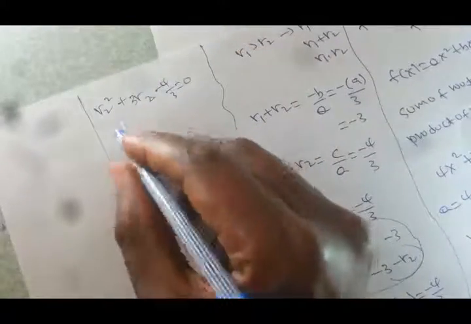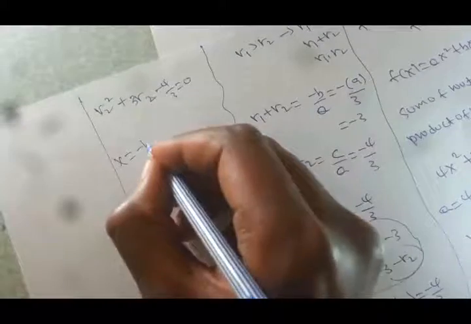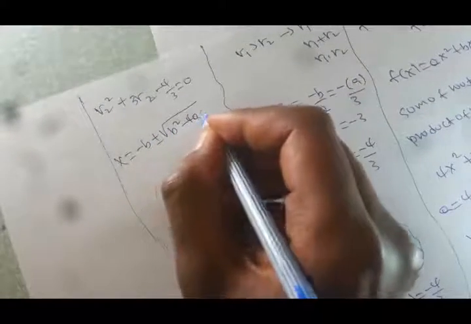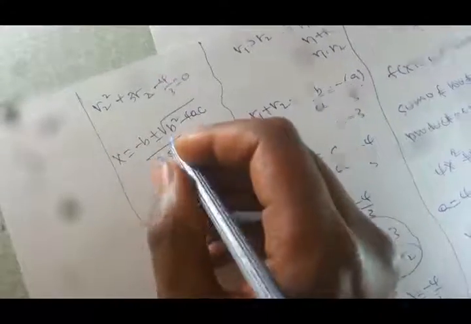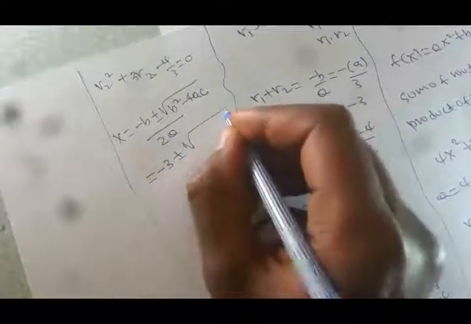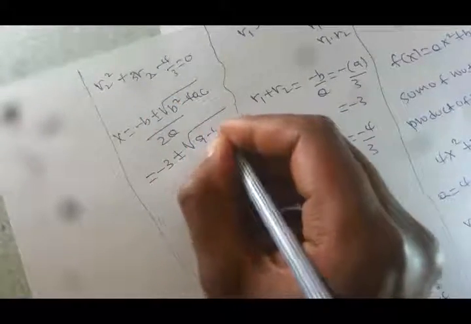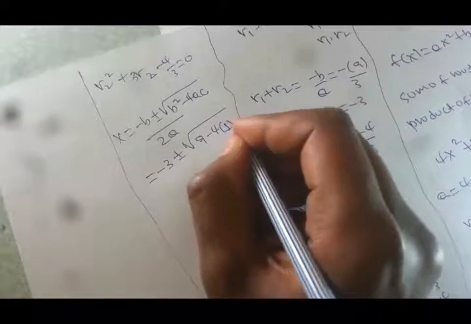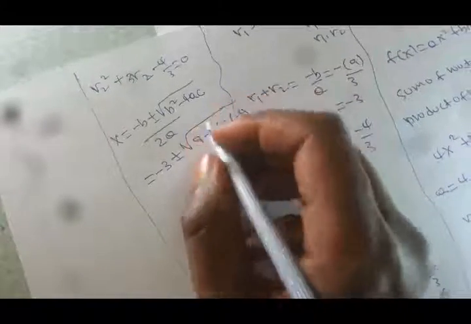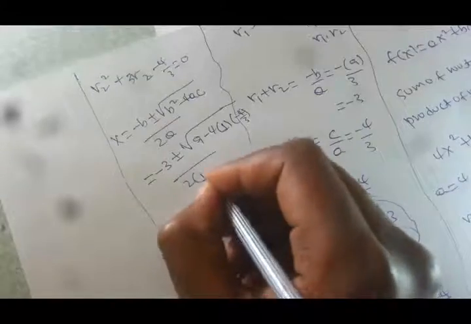Therefore, we know that for a quadratic we have a formula: x is equal to minus b plus or minus square root of b square minus 4ac, over 2a. Therefore, this is equal to minus 3 plus or minus square root of b square, which is 3 square, 9, minus 4 times the value of a, which is 1, the value of c, which is minus 4 over 3, over 2 times the value of a, which is 1.